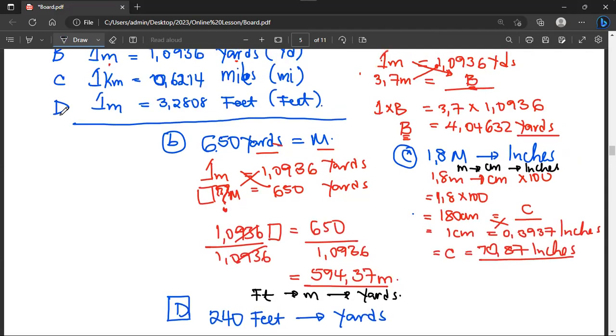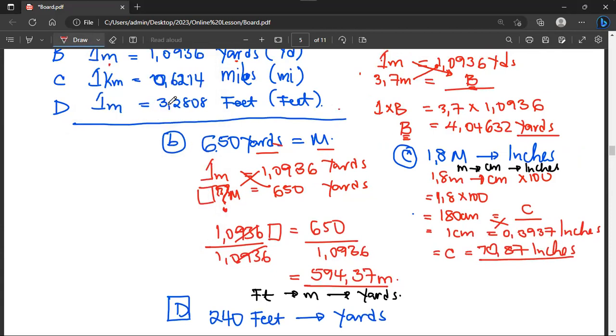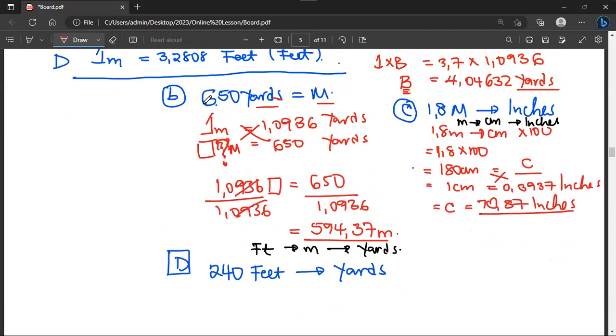So let's start by taking D, which says 1 meter is equivalent to 3,2808 feet. For you have 240 feet. So what is it? Don't know. Cross multiply.